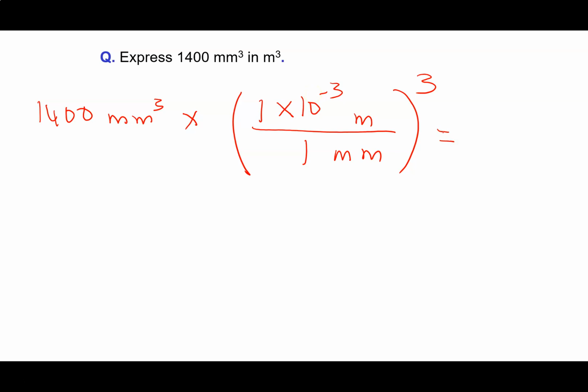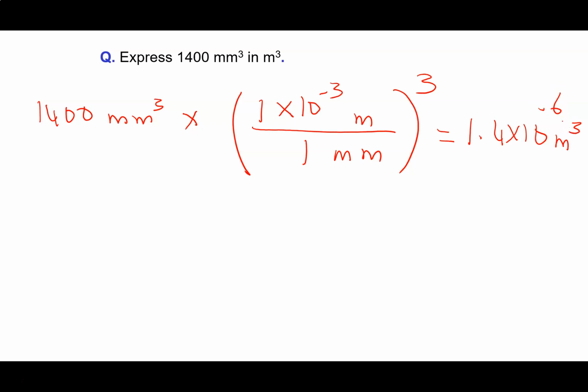Then I just have to put that into my calculator and not make a mistake. So how does it end up? 1400 times, parentheses, 1 by 10 to the minus 3, all to the power of 3, and that ends up being 1.4 by 10 to the minus 6 meters cubed.